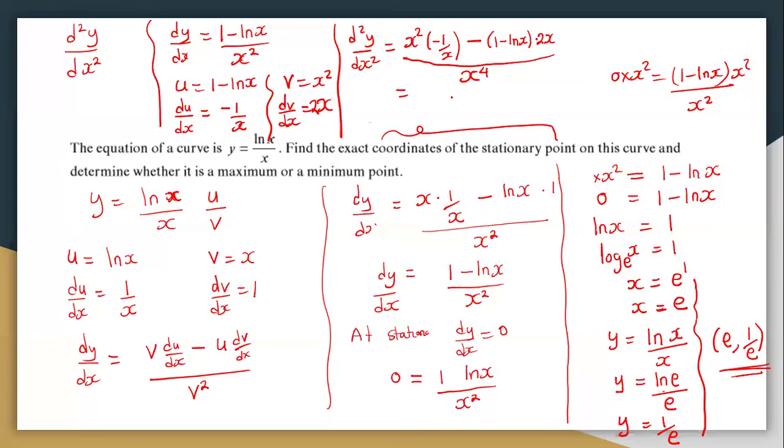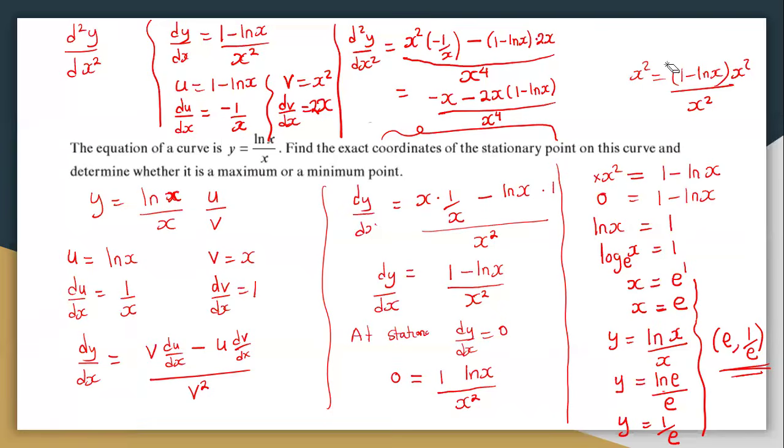That one becomes negative x minus 2x into 1 minus ln x over x power 4.